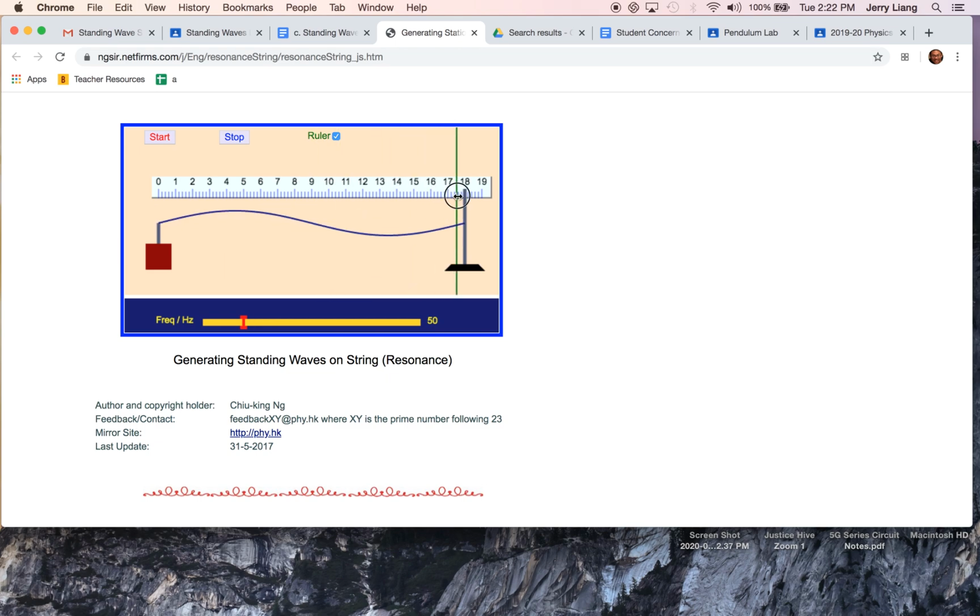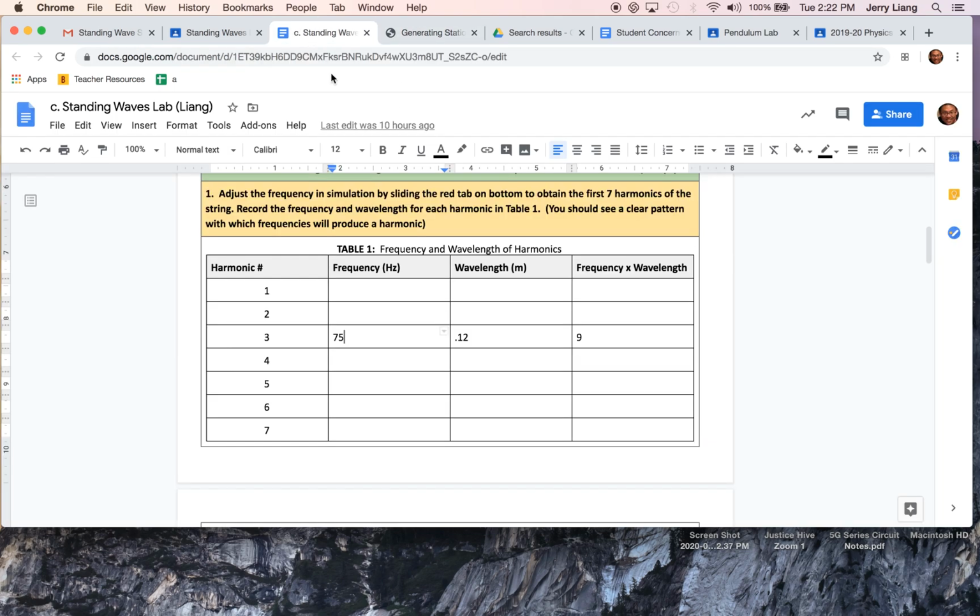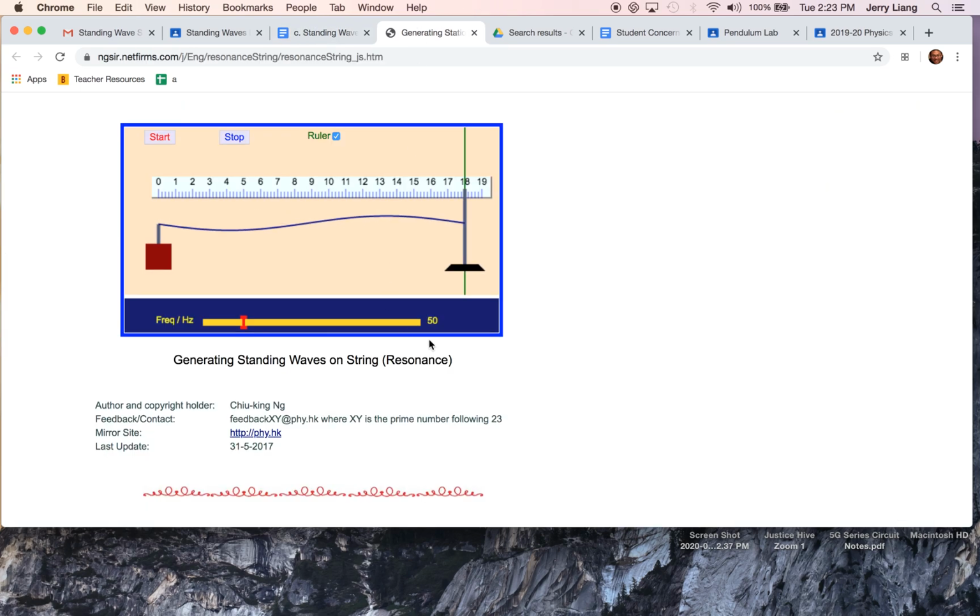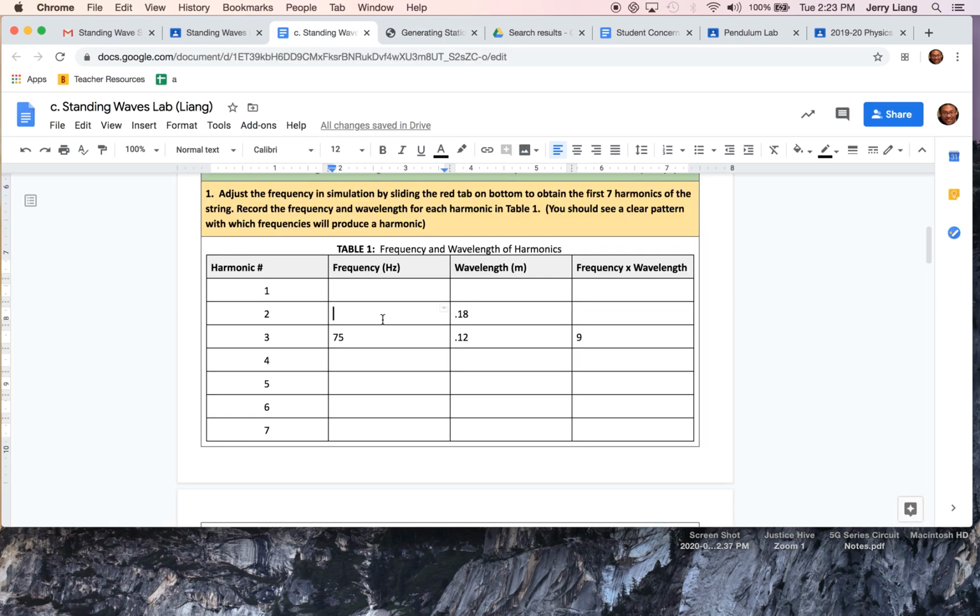If I measure one full wavelength, it would be 18 for harmonic 2. So I would put 0.18, and for the hertz, it's at 50 hertz. I'm just going to complete this part.